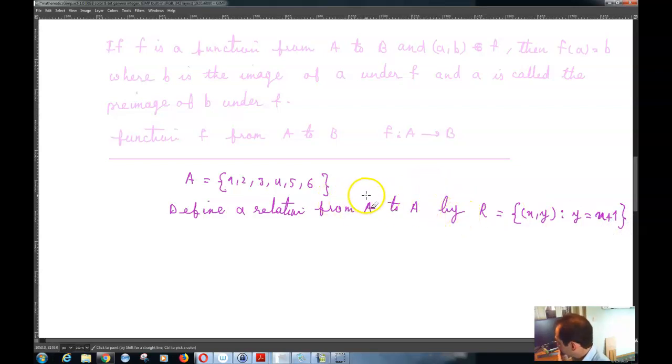We were supposed to depict this relation and write down the domain, the codomain, and the range.